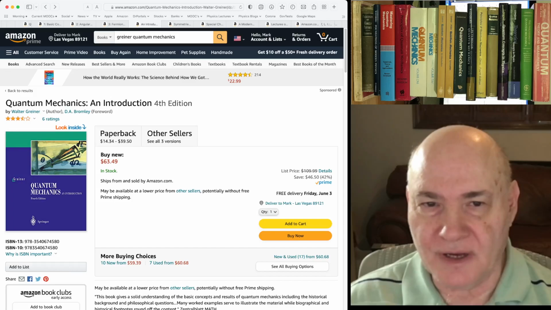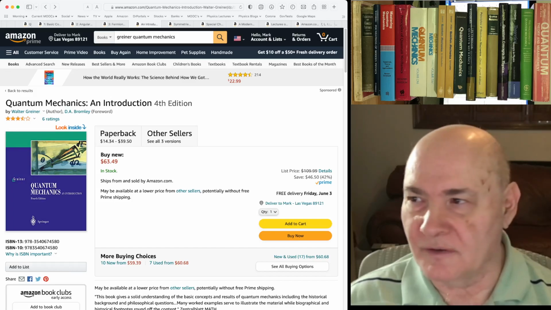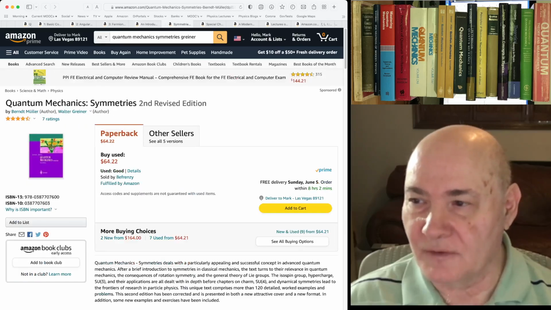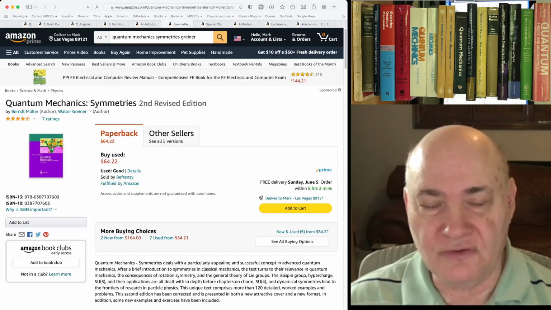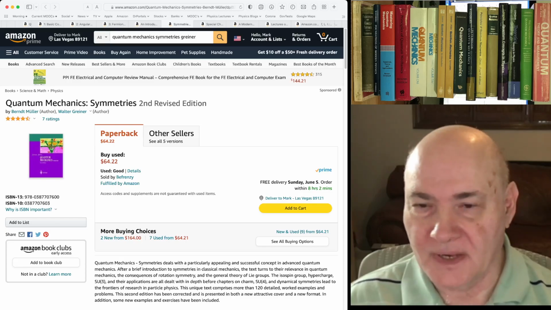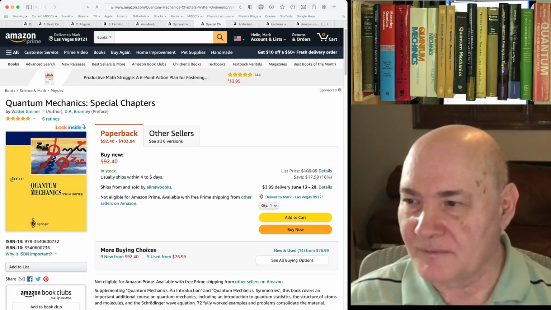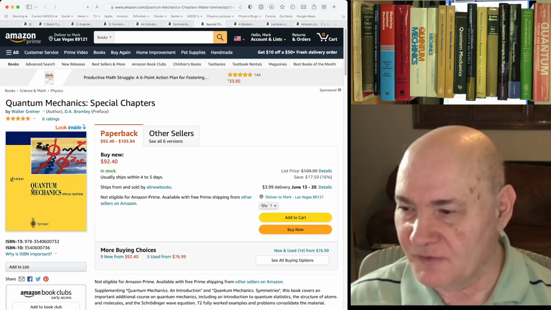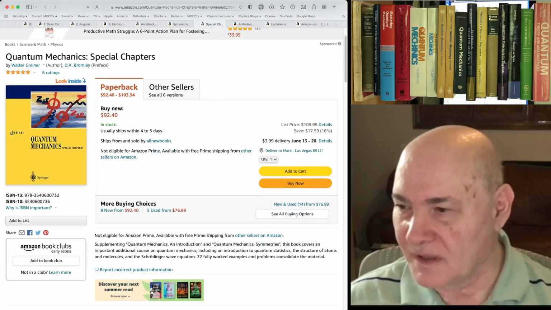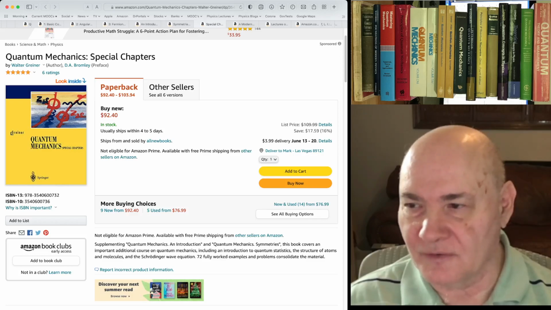And this first volume, Introduction, is very good, but he also has 2 excellent follow-up books. Quantum Mechanical Symmetries is more on group theory, and I'll have this in my group theory playlist. And then he's got another follow-up book on special chapters where he treats all kinds of things on quantum statistics, structure of atoms and molecules and everything.